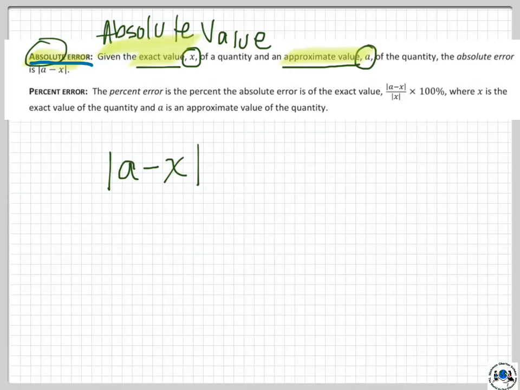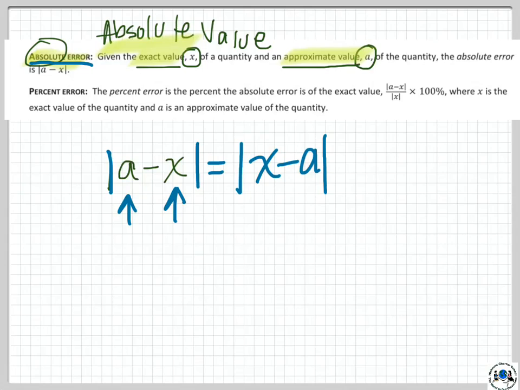Here is our formula, and again, it's the absolute value of our approximation and the exact measurement, the difference between those two. And we're going to see eventually that those two are equivalent, because we have our absolute value signs.